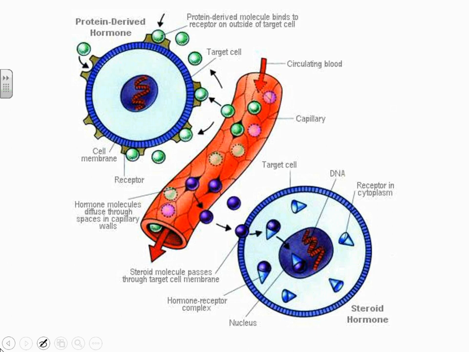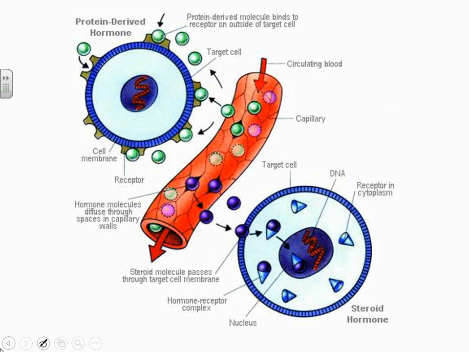Up at the top there you can see protein-derived hormones. I very often refer to those as peptide hormones. There are a lot of different forms, but essentially they're built from amino acids. Amino acids are the building blocks for proteins, so you could say protein-derived or peptide, but this is coming up on the next slide, so I'm not going to worry about describing it on here.